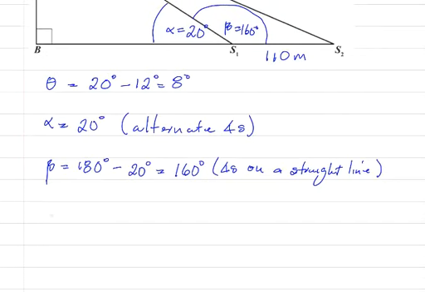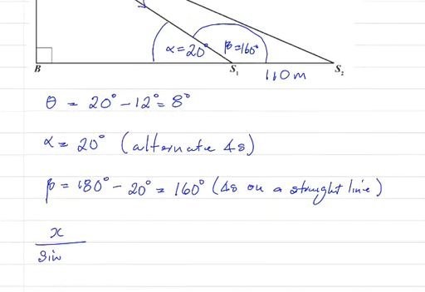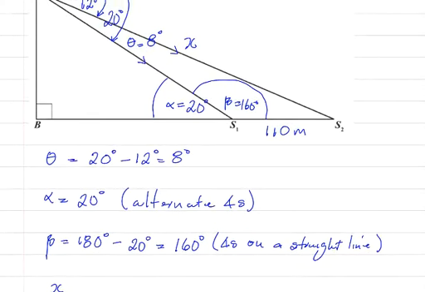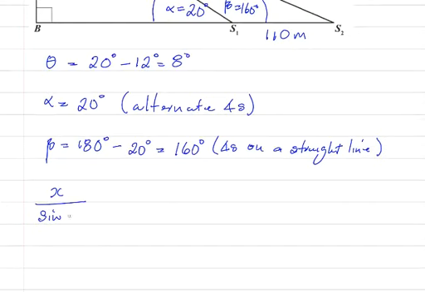So I want to find x, so I start with x over the sine of the angle opposite the side x, which is 160 degrees, equal to 110 meters divided by the sine of the angle opposite that side, which is 8 degrees.